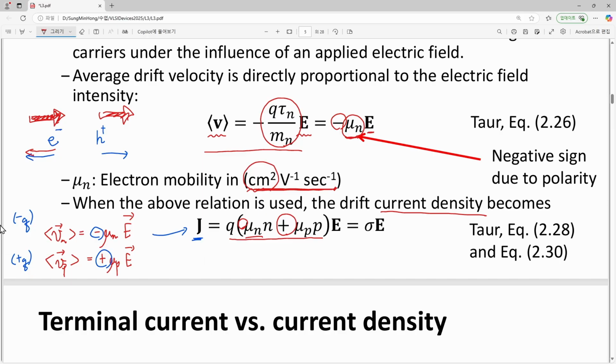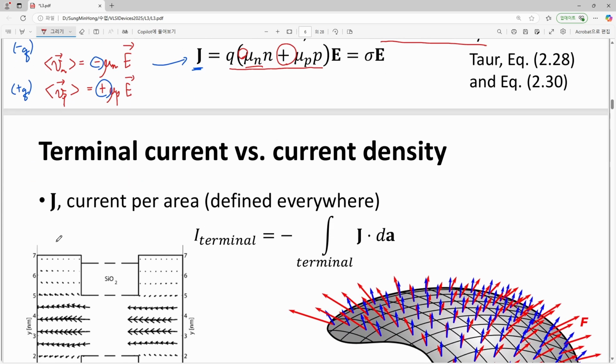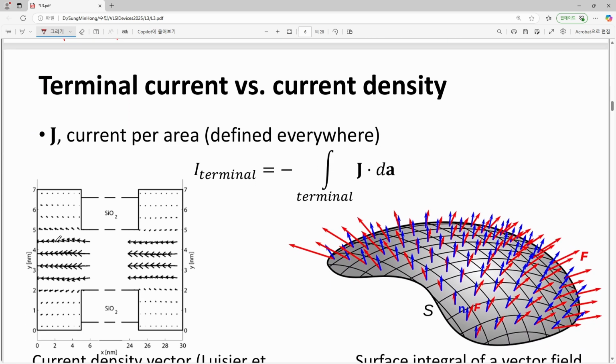Before moving into the next topic, let me talk about the relationship between terminal current and current density. Current density J can have many different subscripts here. If it is related to electron motion, we say electron current density. If it is related to hole movement, this is hole current density.